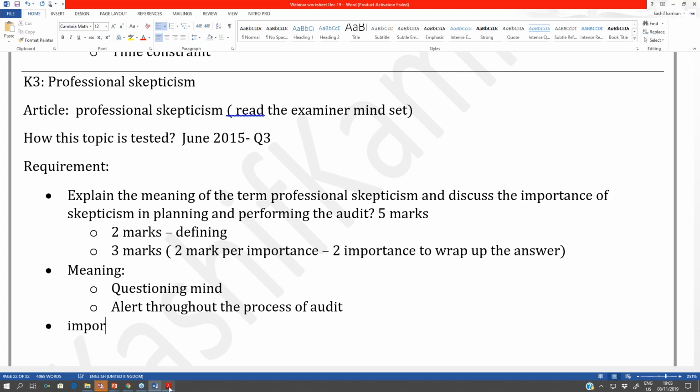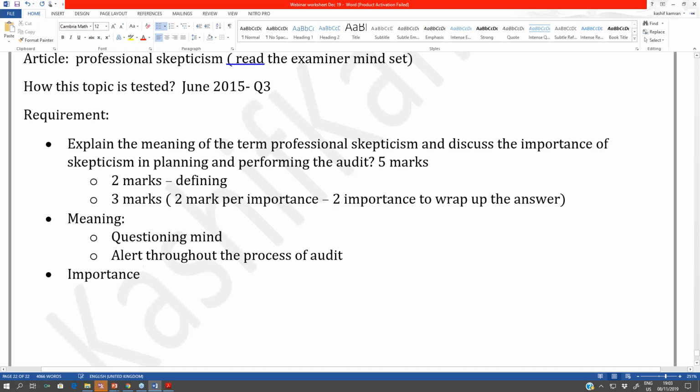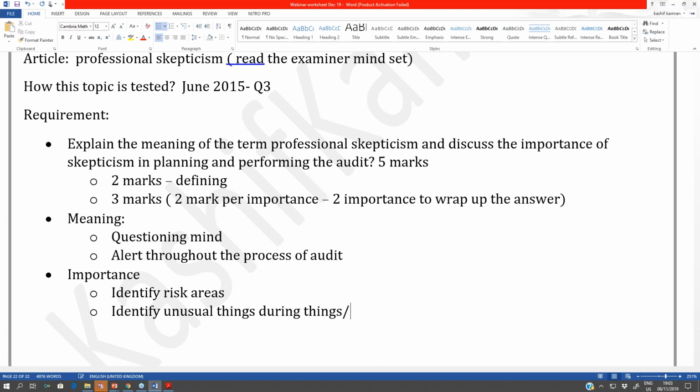Then you need to get to the importance of professional skepticism in planning and performing the audit. The importance is that the auditor can identify the risky areas. If he is skeptical, the auditor can identify unusual things during the audit, suspicious things, even suspicious behaviors of the management.